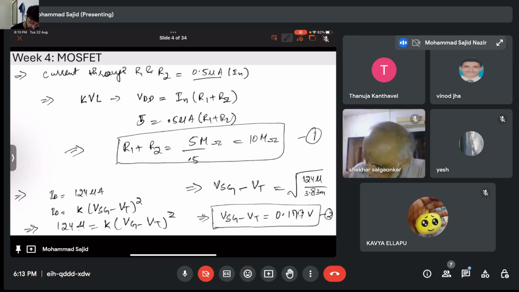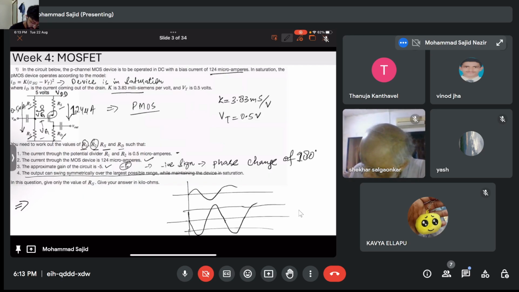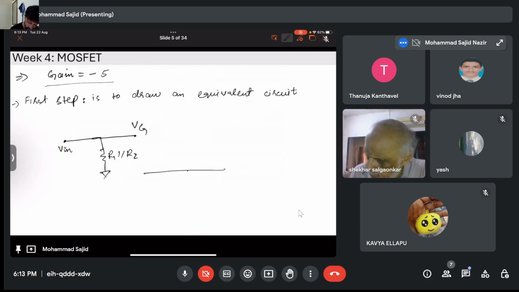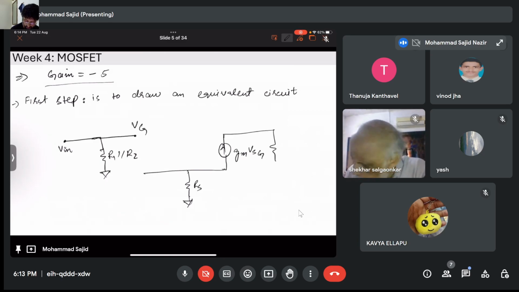This is the source, and here, if you see, this one is the source, right? This one is the drain. So the source has resistance RS, and this will be equivalent to GM VSG, and this is the output resistance, that is RD, and this is Vout. Now can you calculate what is Vout?